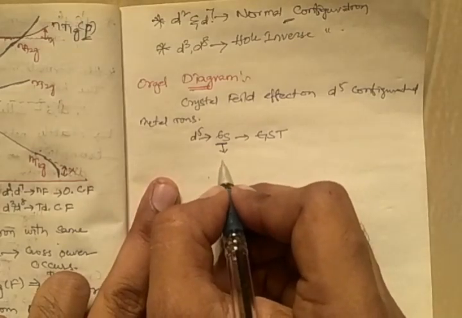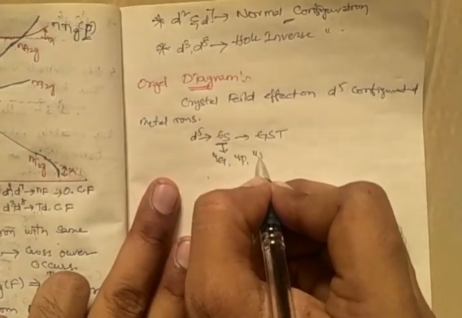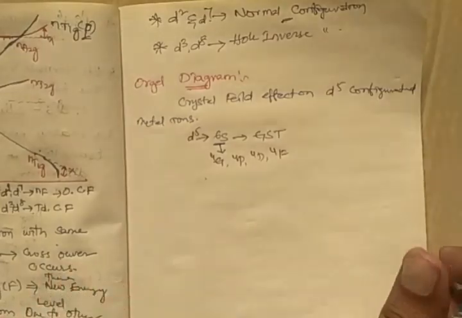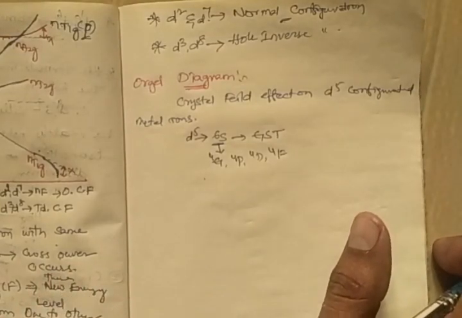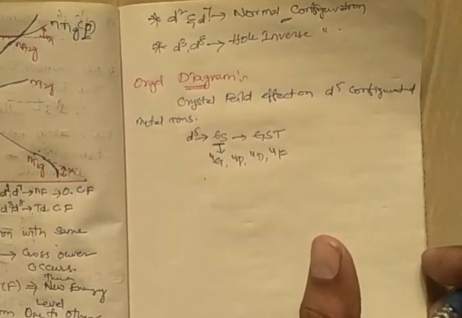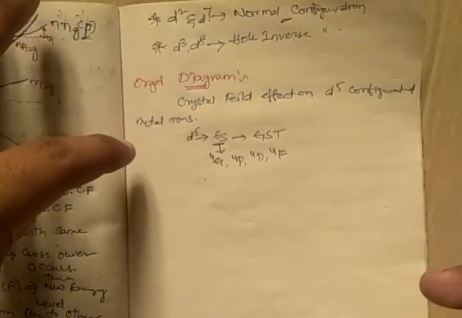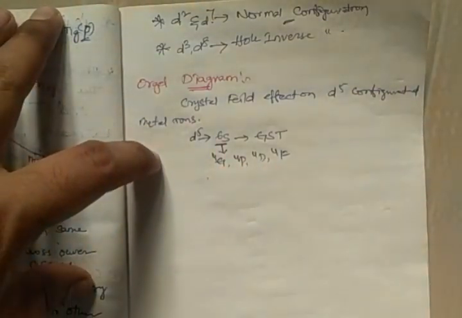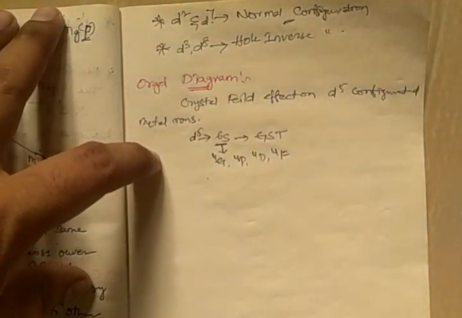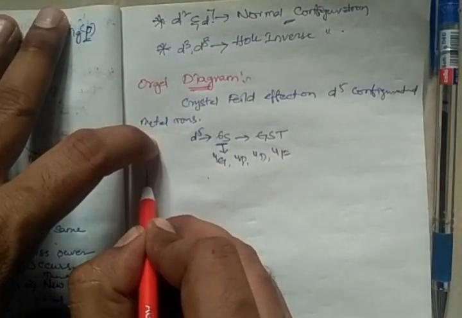We will observe 4G as the next, then 4P, 4D, 4F, where electron excitations may occur as different transitions, giving absorption spectroscopy. Thus the crystal field effect extension is studied by the Orgel diagram, where the diagram may be like this.